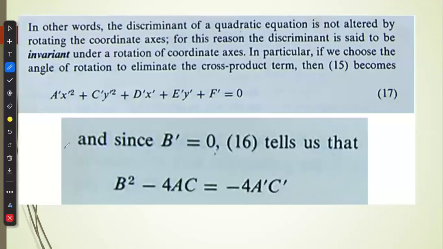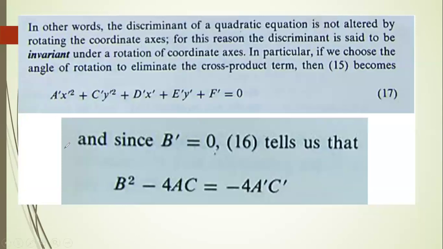So another one to remember is, what if we have a shape that is not rotated? Or let's say b is equal to 0. Since b is equal to 0, we would have this formula here to remember, because this shape is not rotated, so it does not have an xy term.